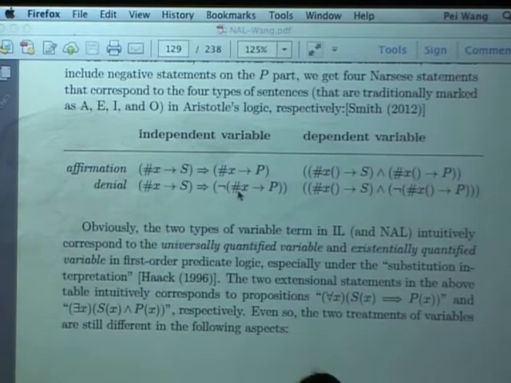Another premise may be A is indeed in the extension of S. Okay. Then used together as premises, you see clearly it derives not A in the extension of P. Okay.